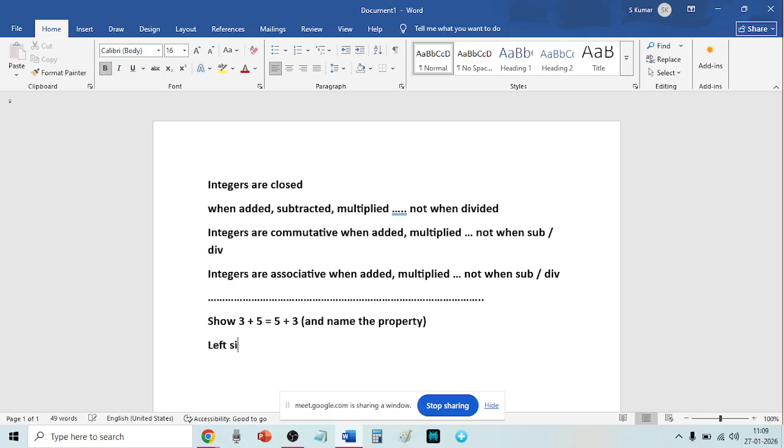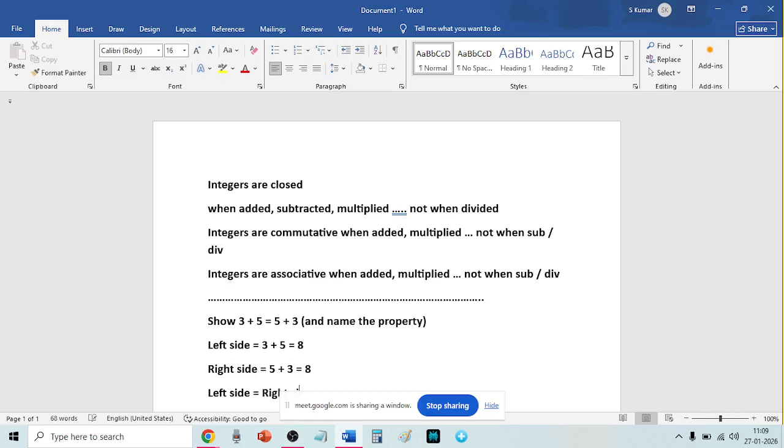Left side: 3 plus 5 equal to 8, and right side: 5 plus 3 equal to 8. So left side equal to right side. This is the way you will do it.